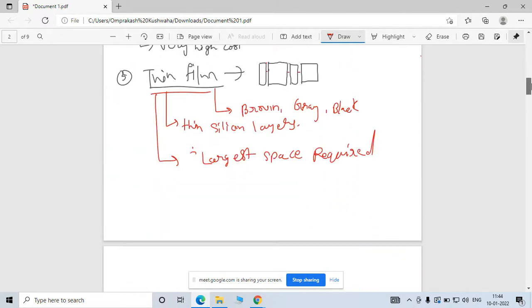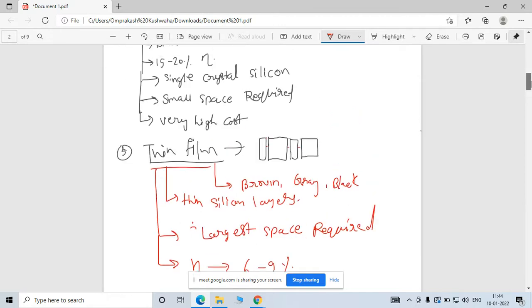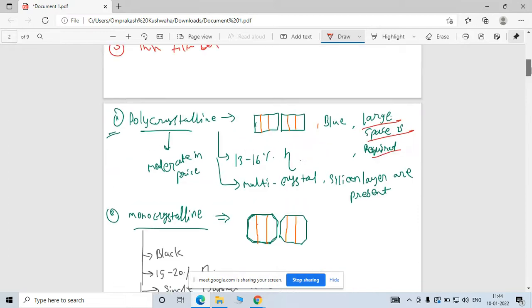So this is related to the ratings. Now the efficiency is 6 to 9%. That is the difference between the types of cell.